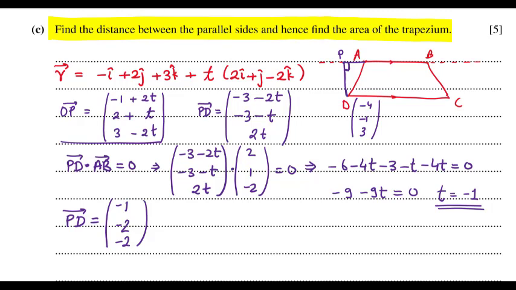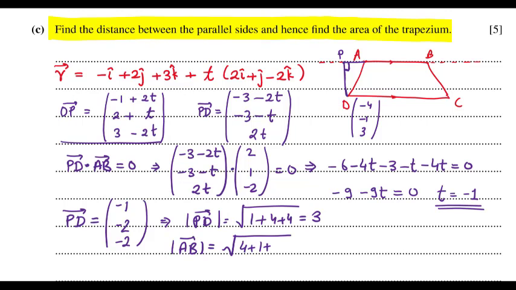So that's the PD. Its length would be the magnitude, which is square root of 1 plus 4 plus 4, it is 3. And the magnitude of the AB vector, AB was (2, 1, -2), that is again 4 plus 1 plus 4, it is again 3.